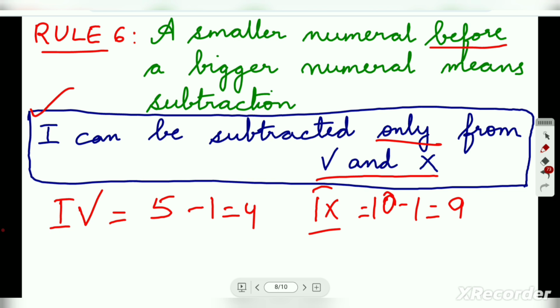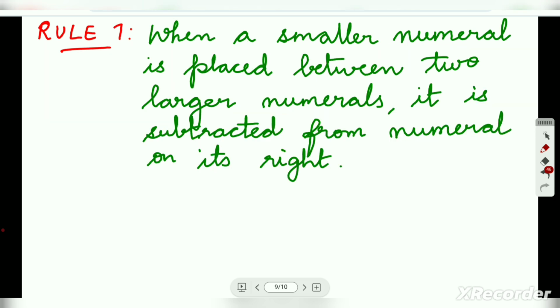Now coming to the last rule. When a smaller number is placed between two larger numbers, it is subtracted from the numeral on its right. So if I write XIX, a smaller numeral I is placed between two larger numerals, then what will happen?